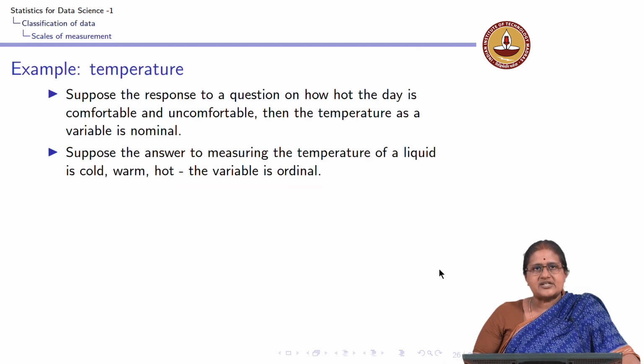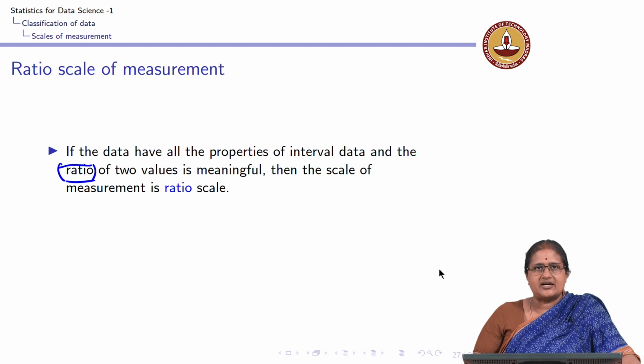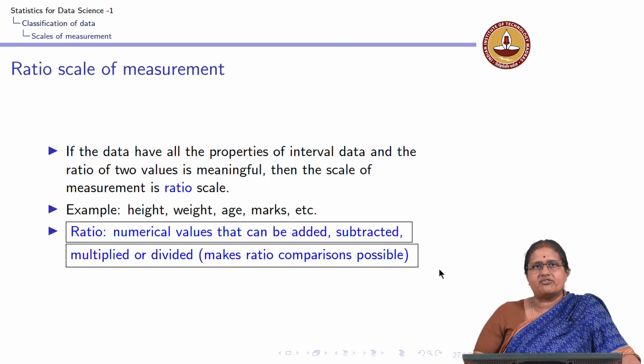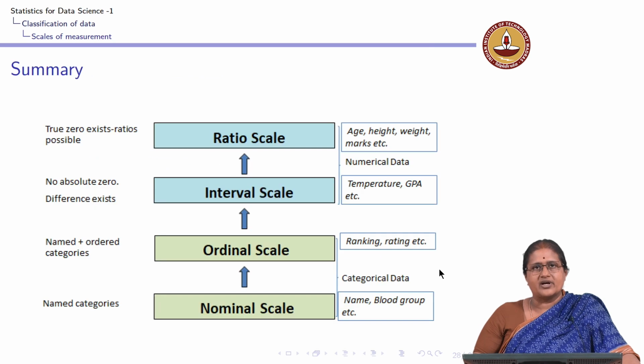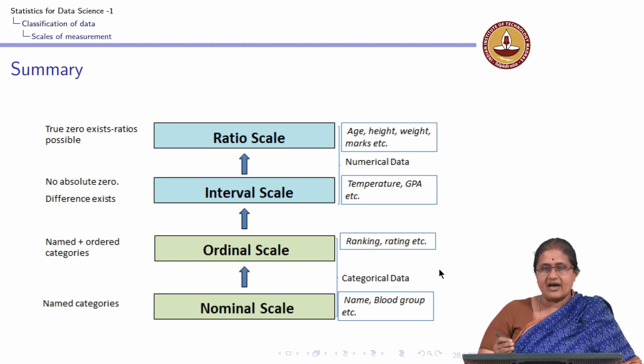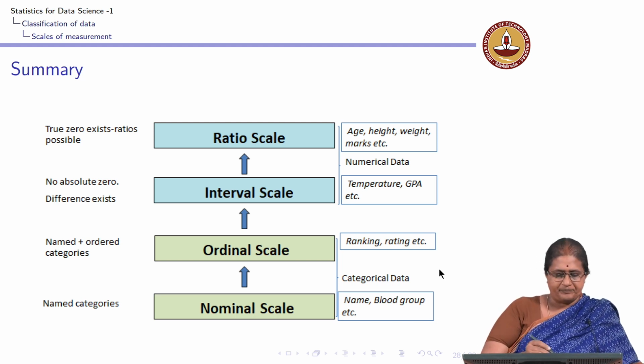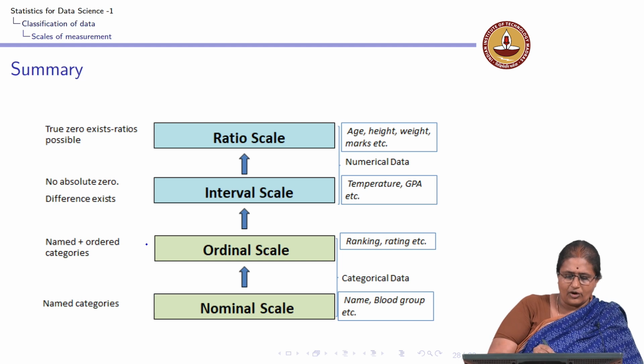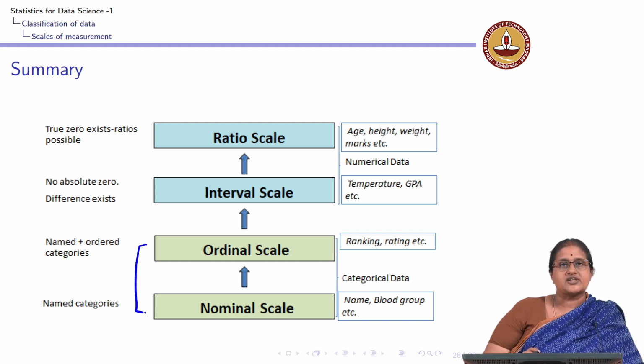Whenever you are presented with a data set, after you identify the variables as categorical or numerical, it is extremely important to understand that when I have categorical data, I have the nominal and ordinal scale.